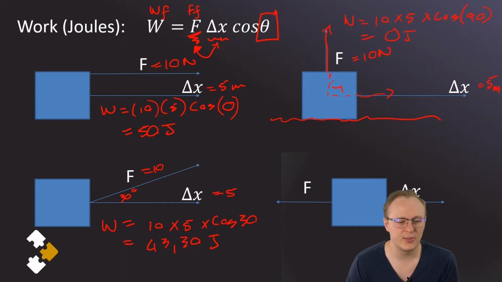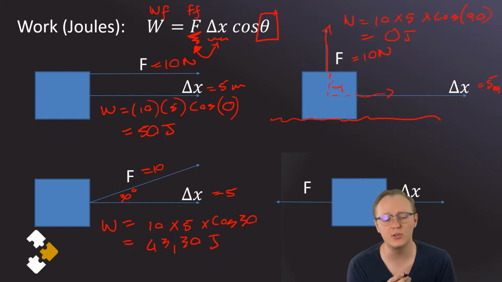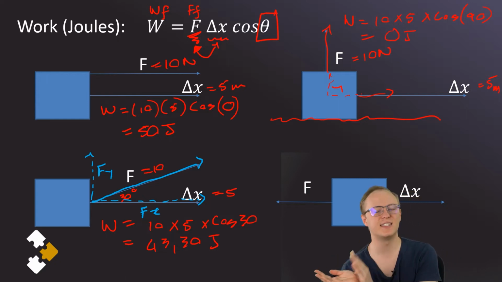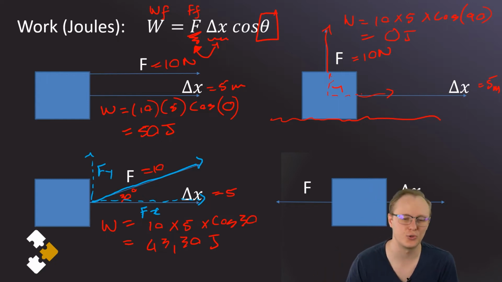Now, another way to think about this is to say that only the component of the force in the line of action of the displacement is actually going to be doing any work. So this force here, right, we know can be broken up into an x component and a y component. But as we just said, something that's acting at 90 degrees to the displacement is not doing any work.